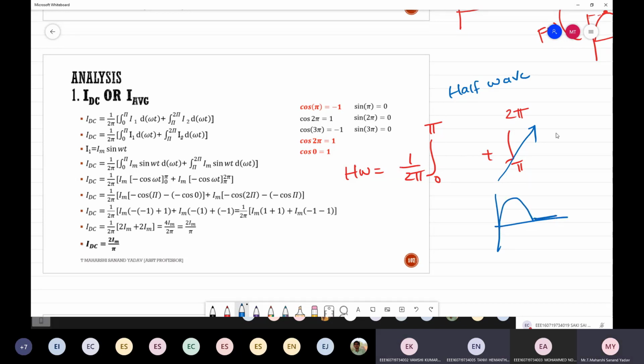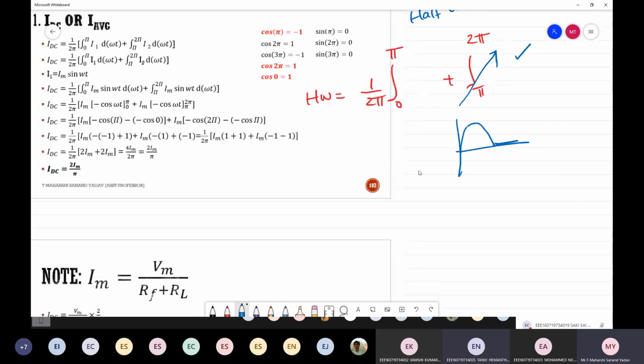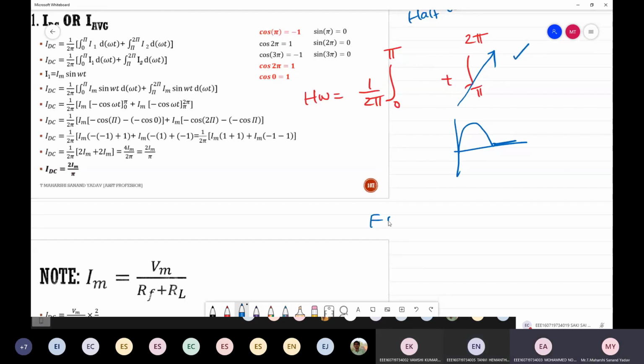So this is for the half-wave rectifier, which is correct. Now what will happen for full wave? Which one will get cancelled for full wave? Will both be present? Both will be present. That's it. So I need to integrate from 0 to pi as well as from pi to 2 pi, and the summation of the positive and negative half cycle is the output.